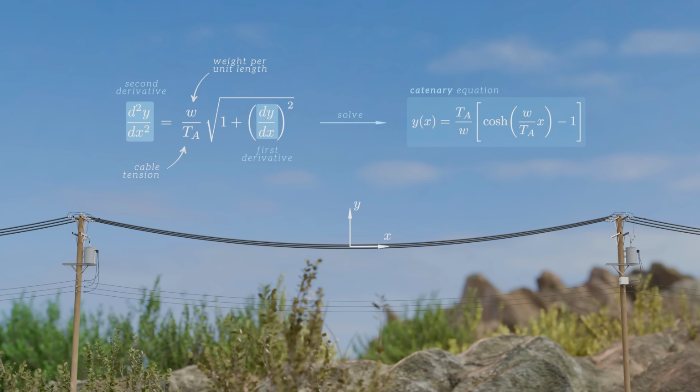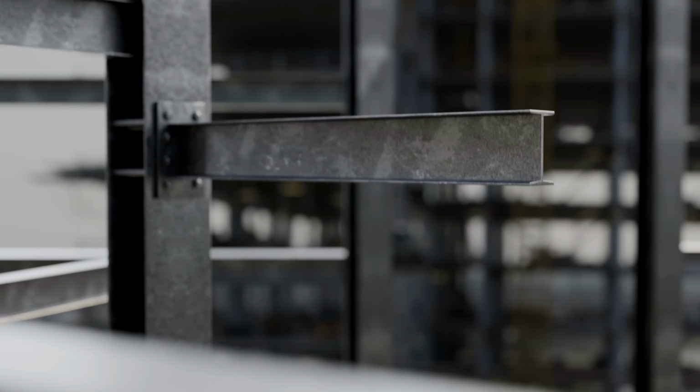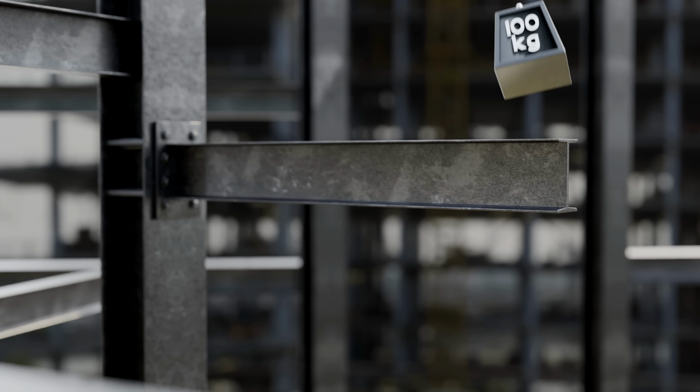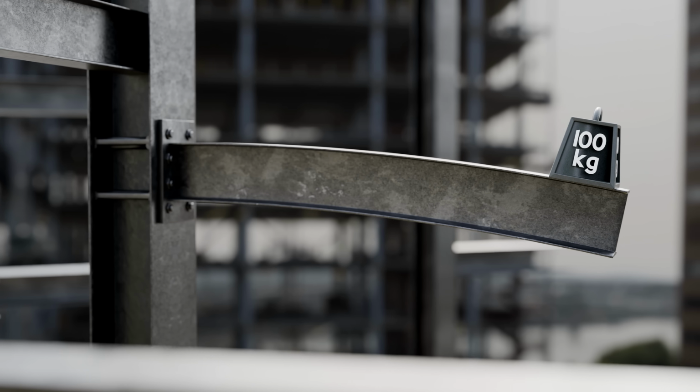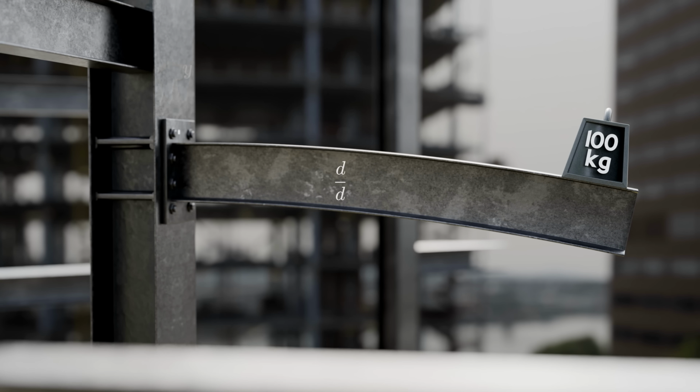Another example is the deflected shape of a beam. When a load is applied, the beam deforms in a way that satisfies a differential equation. The second derivative of the vertical deflection, y, with respect to the distance along the beam, x, represents the curvature of the beam.